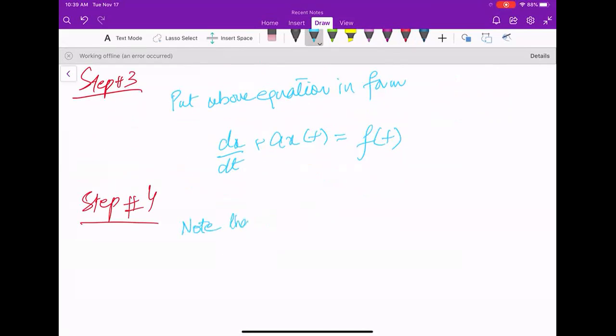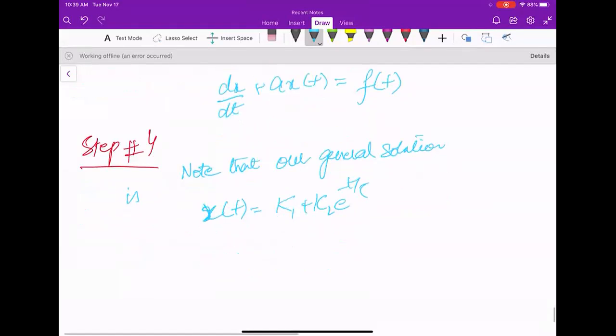Note that our general solution is x of t equals k1 plus k2 e to the minus t by tau. And then find k1, k2, and tau, right?